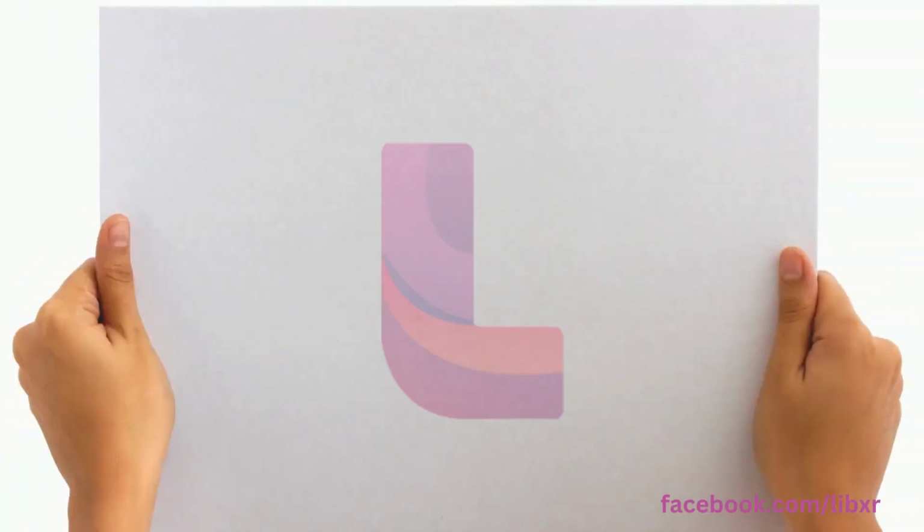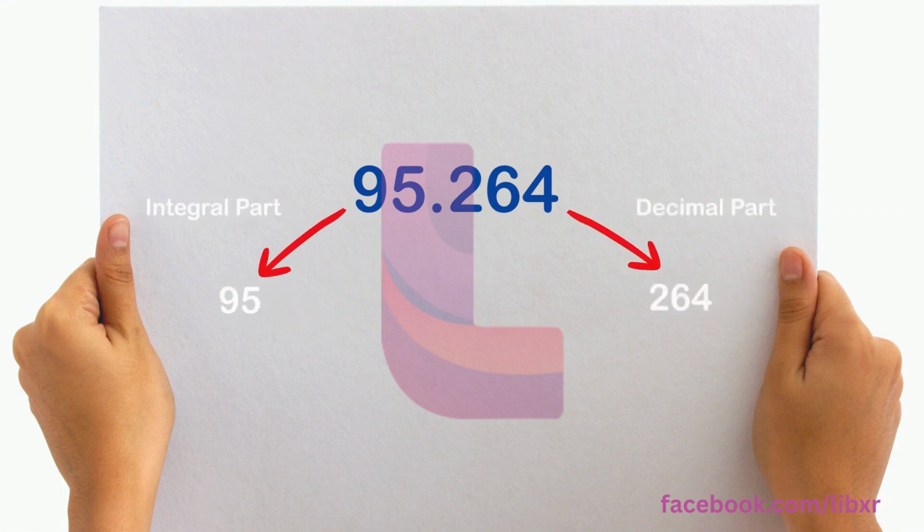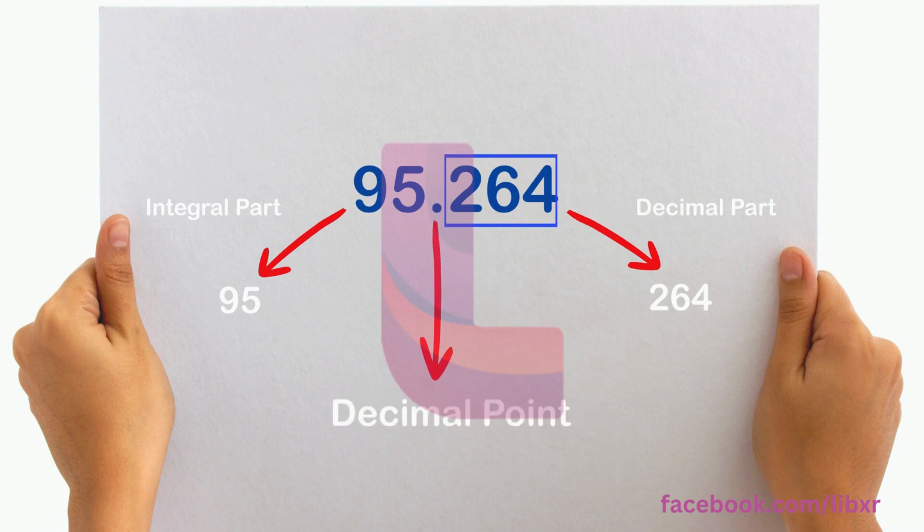In number 95.264, 95 is the whole integral part and 264 is the decimal part. The point between these parts is the decimal point, and there are 3 decimal places in it, that is 2, 6 and 4.